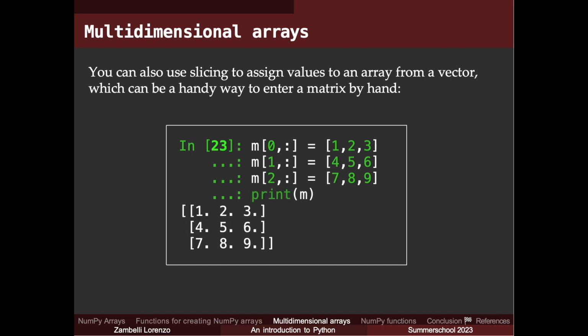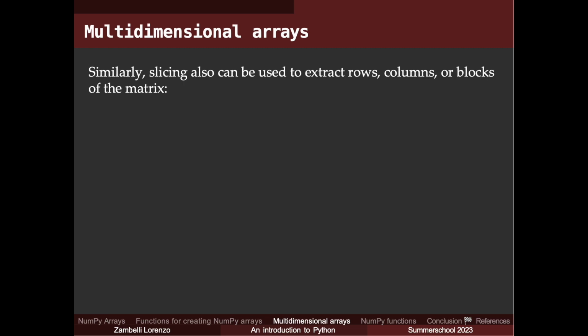We print and there we go. Any other slicing operation that we use for vectors can be used for multidimensional arrays as well. The only thing to keep in mind is that you need to put the commas, otherwise you are just considering the rows.